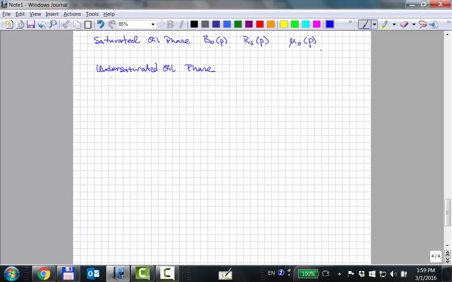So to get the undersaturated oil phase properties, the first thing you need to know is what is the oil bubble point, or what is the oil RS value. Either one. That's fine. We need to know that.